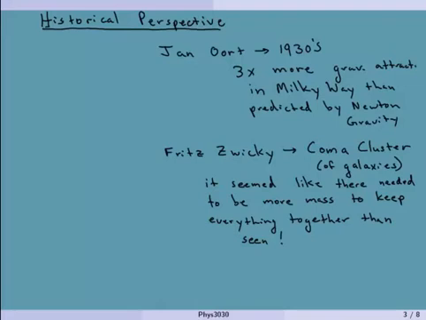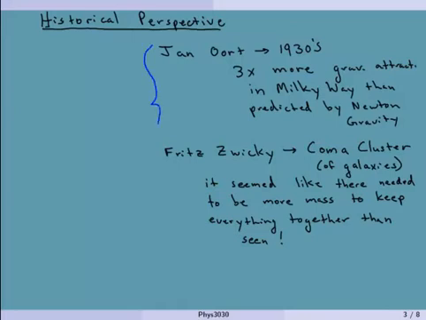And Fritz Zwicky was saying the opposite end of that, which was that there needed to be more mass to keep everything together than was seen. These galaxies were moving around each other and away from each other, but they were staying in a cluster. They had been in that cluster for a long time, but there didn't seem to be enough stuff to keep them together.